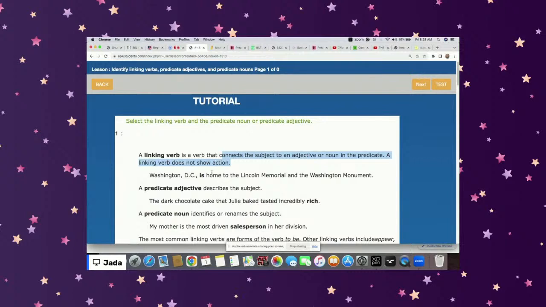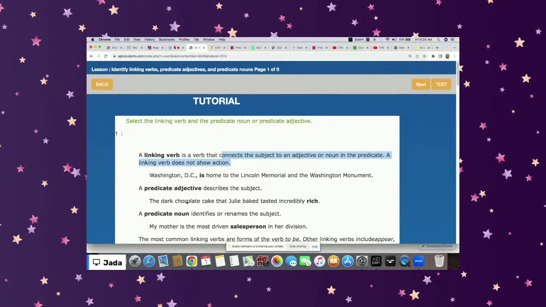The dark chocolate cake that Julie baked tasted incredibly rich. The predicate adjective describes the subject, and the adjective there is rich.